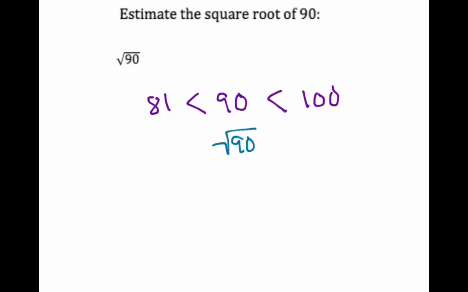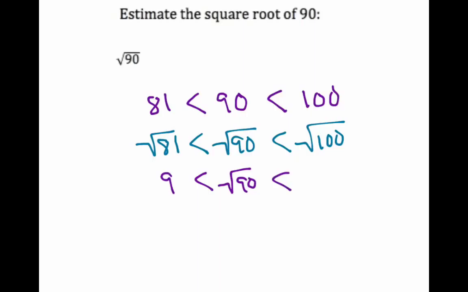So that means that the square root of 90 must be between the square root of 81 and the square root of 100. So now all I have to do is think about what is the square root of 81 and what is the square root of 100, and the square root of 90 must fall between those.